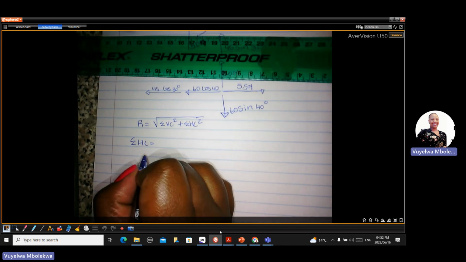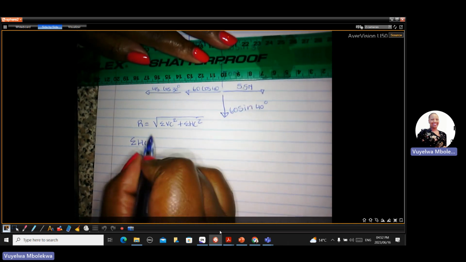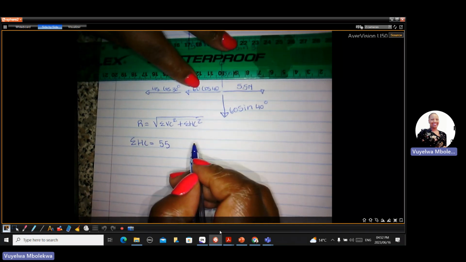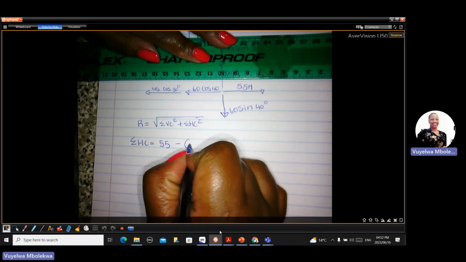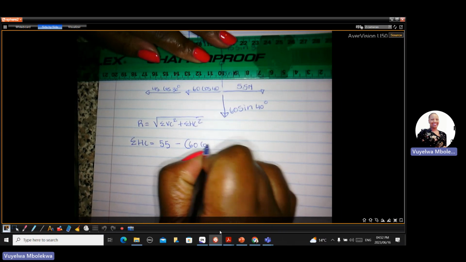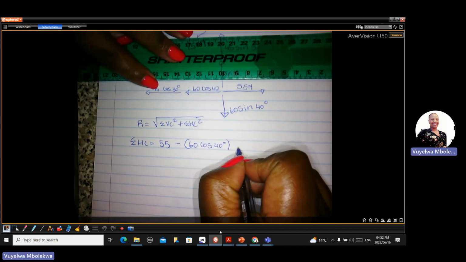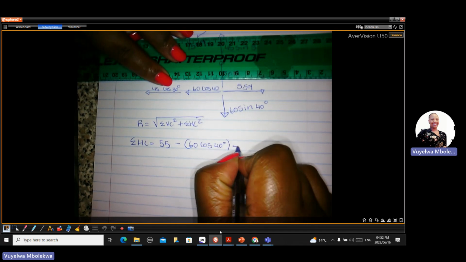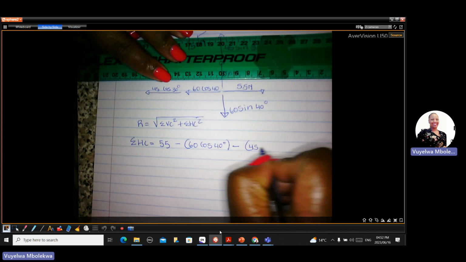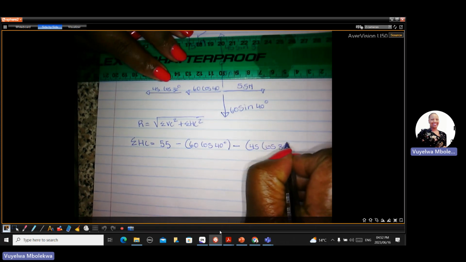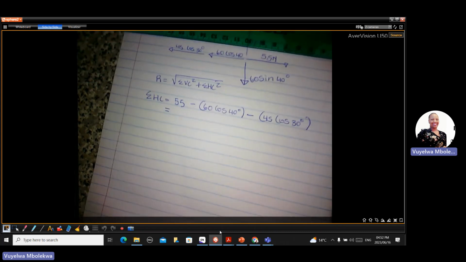I've got a 55 Newton force. It's positive, it's going east. Then the 60 cos 40 is negative because it's going west, so I subtract it. And then the 45 cos 30 is also negative because it's going west, so I subtract it. Then from there, I get an answer.